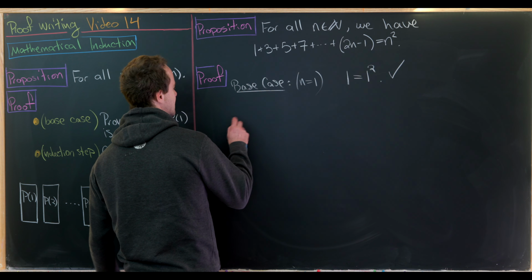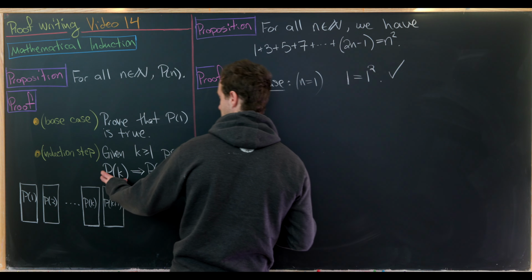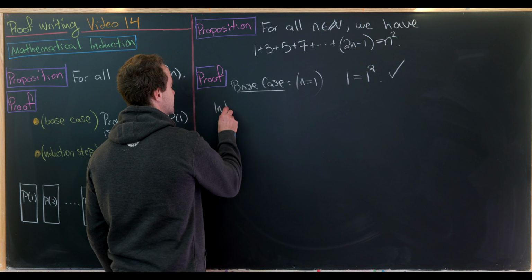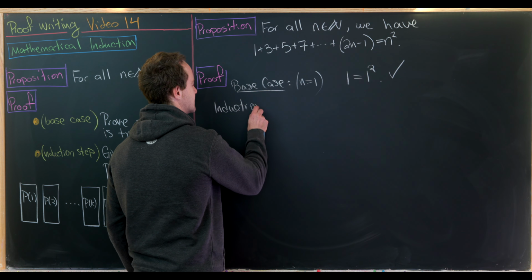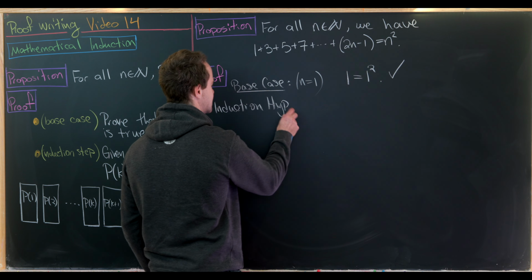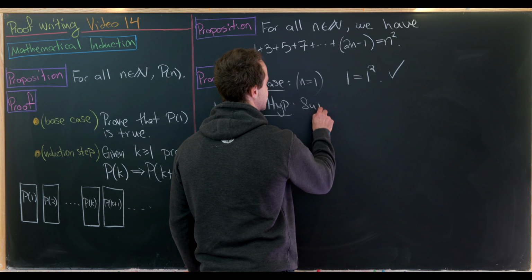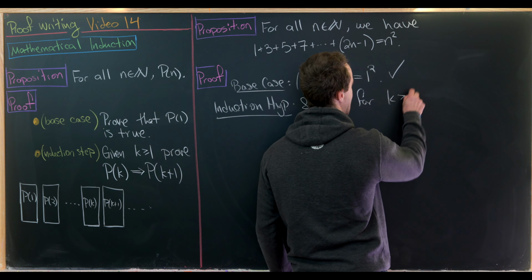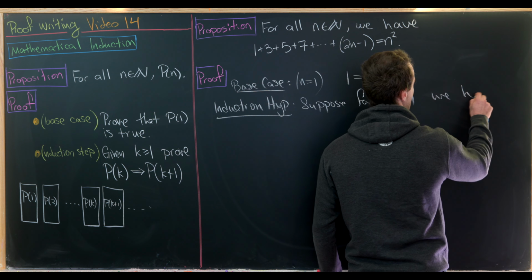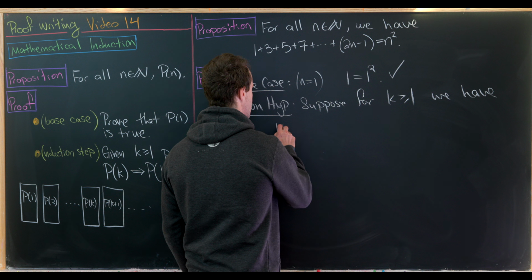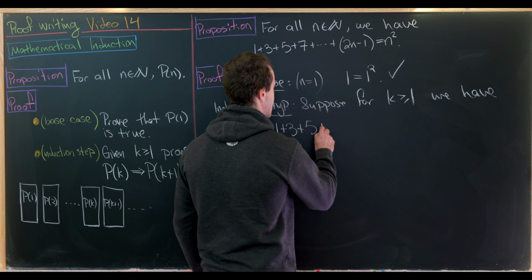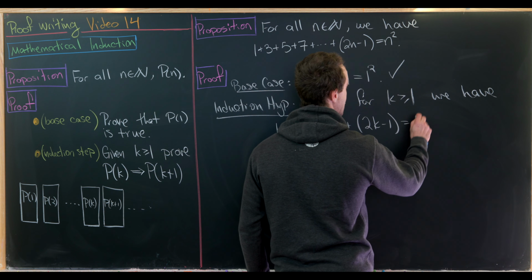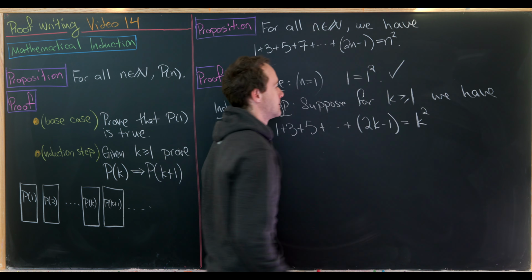Okay, so now let's make our induction hypothesis. In other words, we will assume that P(k) is true. So again, I will just lay this out. Our induction hypothesis is, let's suppose for some k bigger than or equal to 1, we have 1 plus 3 plus 5 all the way ending at 2k minus 1 equals k squared.